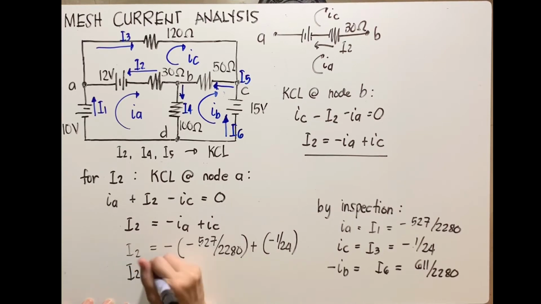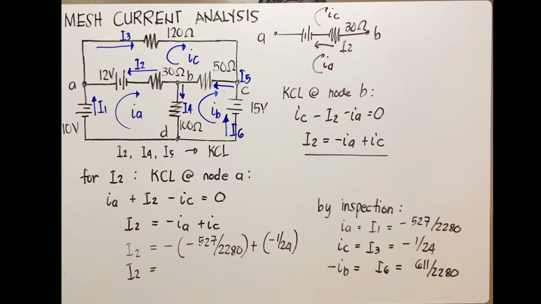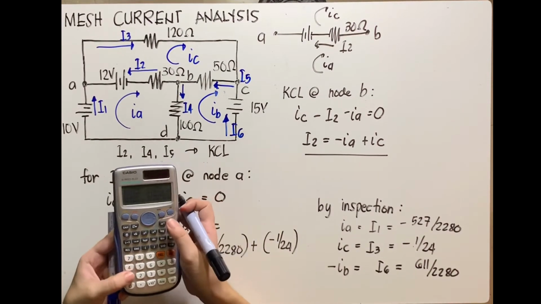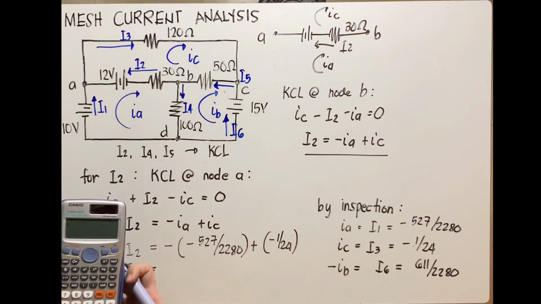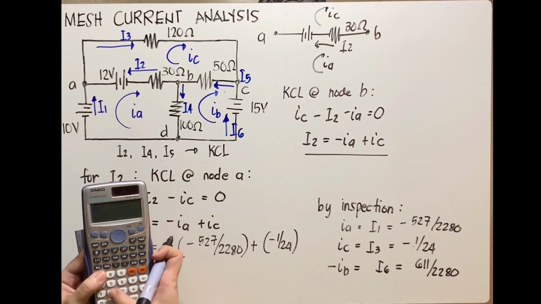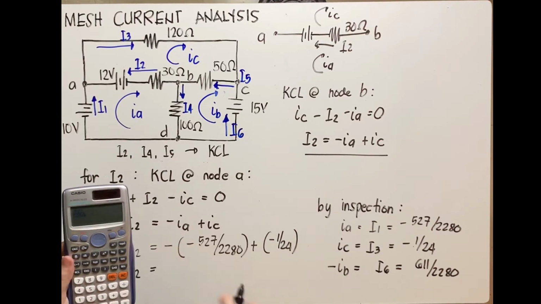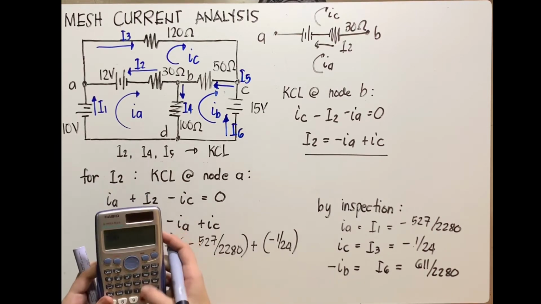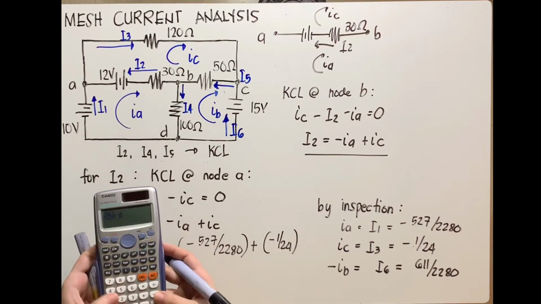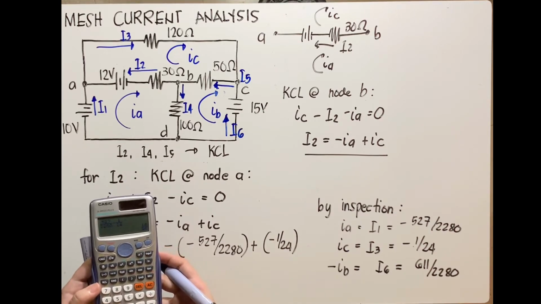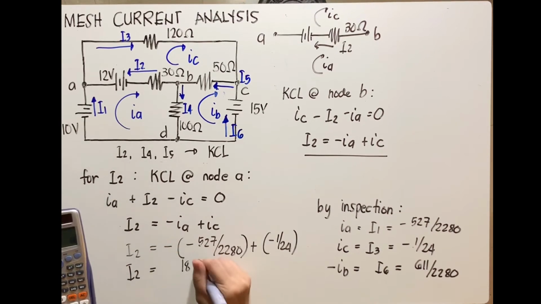And therefore, I2 is equal to, take your calculator. You have, what's that? Positive na. Positive 527 over 2280 minus 1 over 24. And that's 18 over 95. That will be our answer for I2.